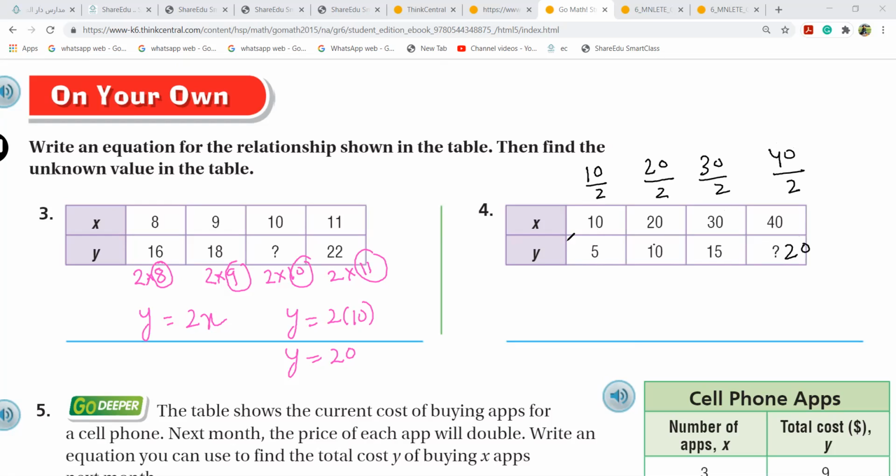So when I divide x by 2, I get y. When I multiply y by 2, I get x. It's the opposite. You can do it either way. You can even do 2y equals x. When you multiply y by 2, you get x, or if you divide x by 2, it gives y.